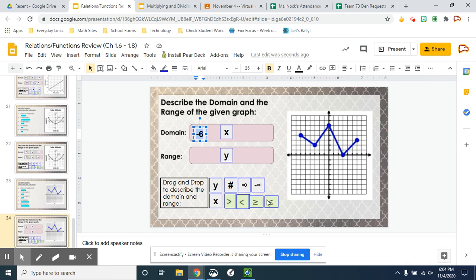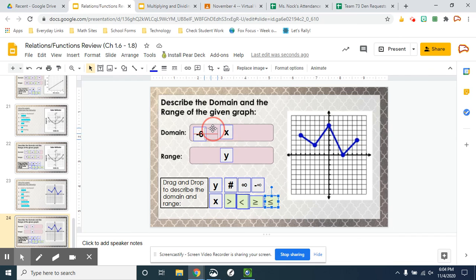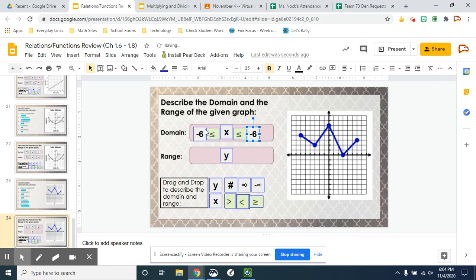So we're going to be greater than or equal to the smallest value for our domain. But we also need to be less than or equal to the largest value for the domain, which is how far right we're going. We're not using any infinity symbols here because there are no arrows on the ends, so there are clear start and stop points.